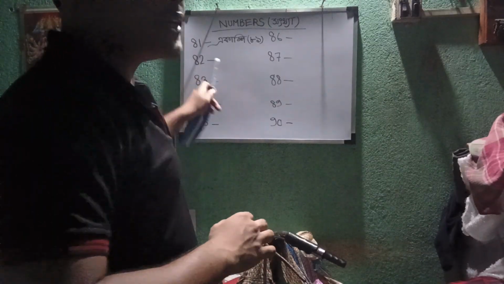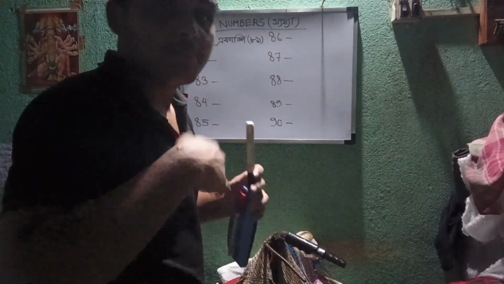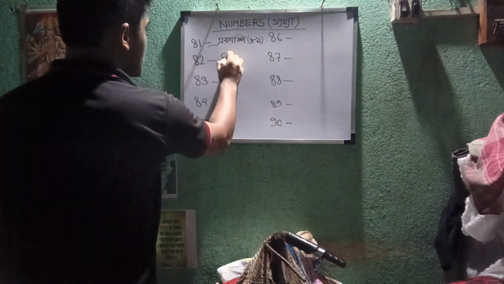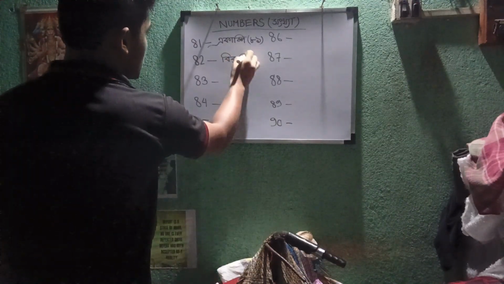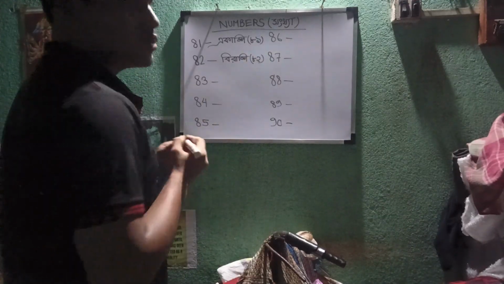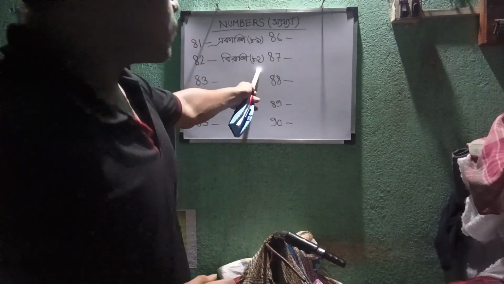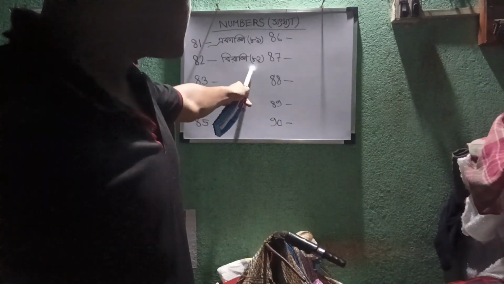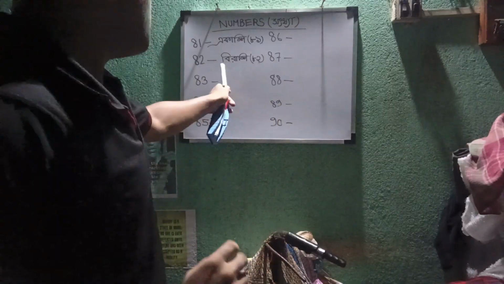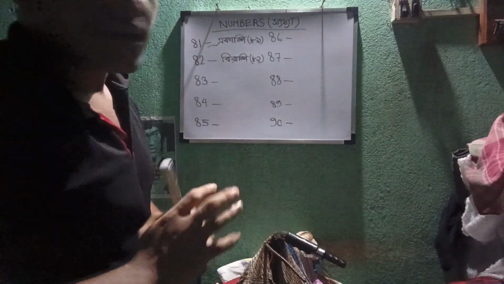After that we have 82. 82 means birâshi. So this is 8 and this is 2. This is birâshi, the Bengali number system of 8 and 2. So birâshi means 82.